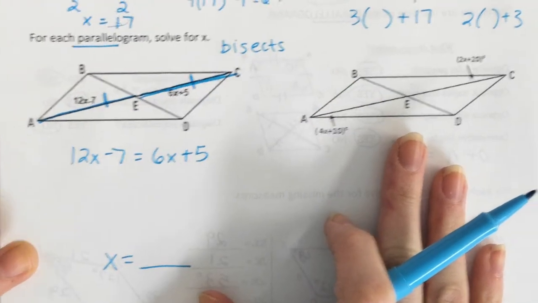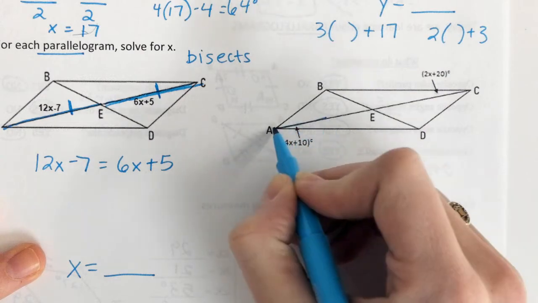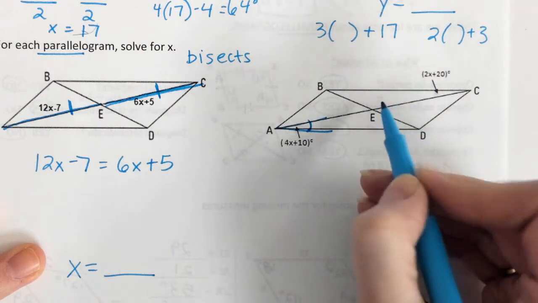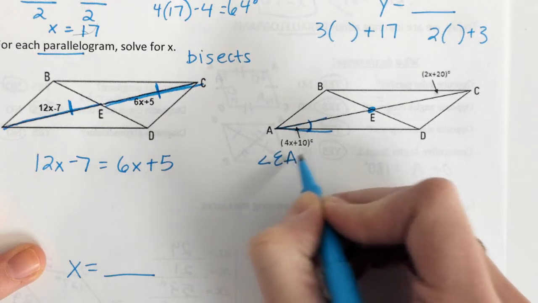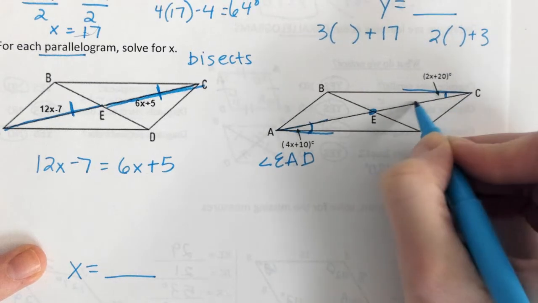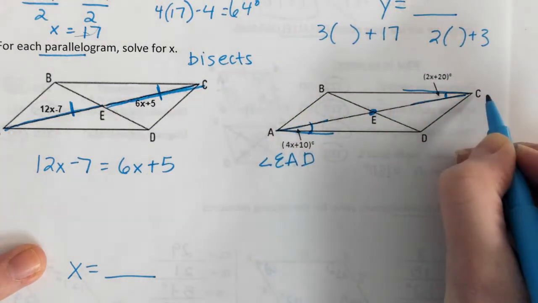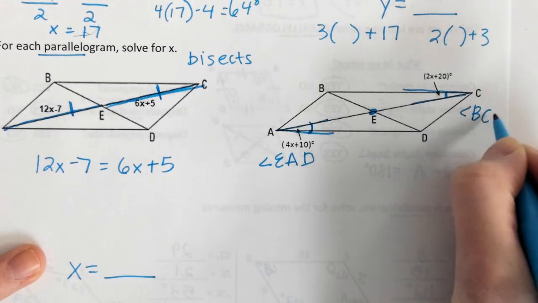Alright, last one, everybody. So this parallelogram is showing us these little angle measures right here. So this is angle EAD. And then this little angle right here is angle BCE.